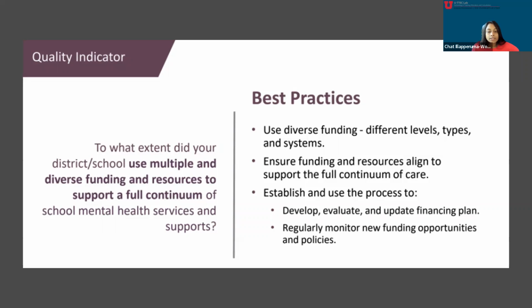We also want to establish and use a process to regularly monitor new funding opportunities that come out frequently. Again, the state level, the local level, federal level. Another reason to regularly monitor is not only for opportunities, but also for policies that could change and impact school mental health work.